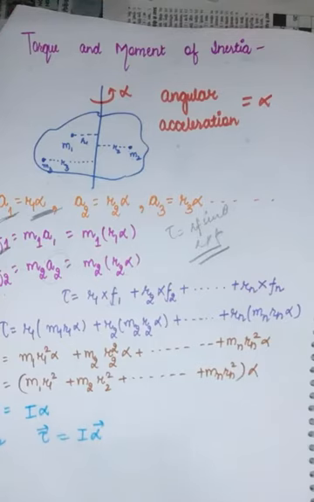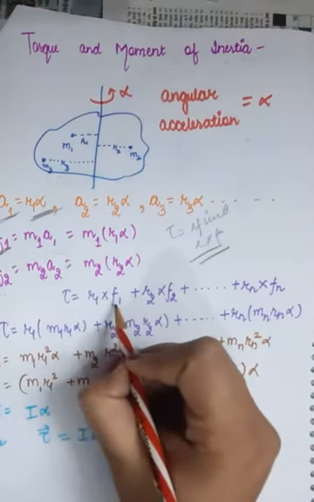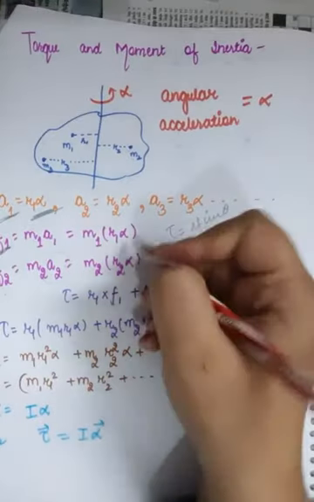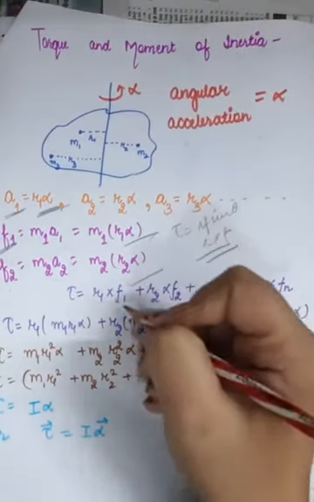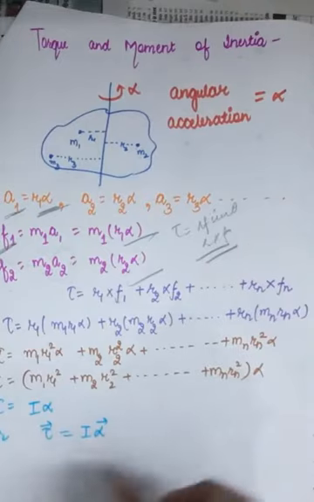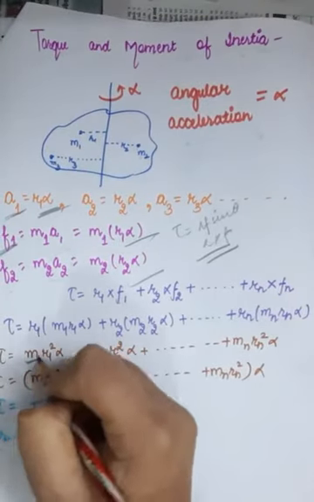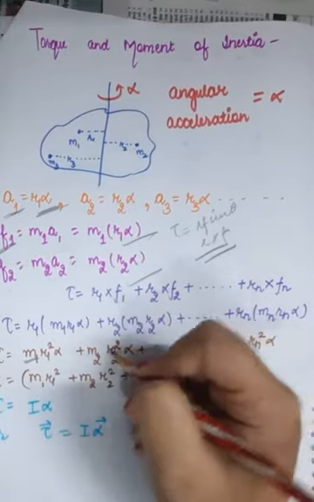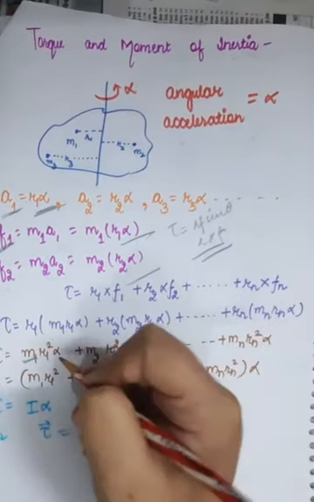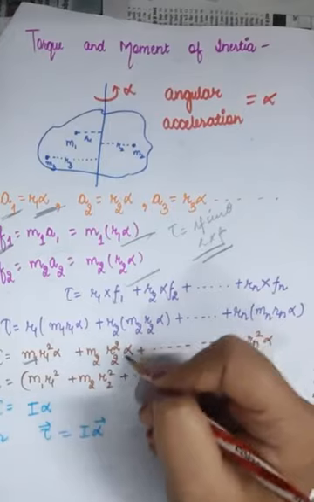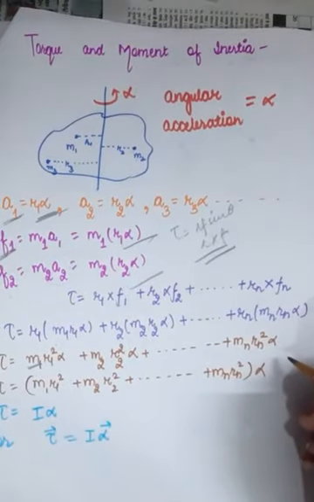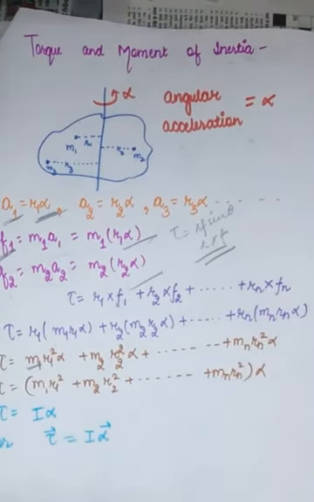Just add all of them, right? And after that, in place of F1, F2, F3, just put the values that you've calculated. Once you calculate it, you will find that m1 exists as it is. You will have r1 square, r2 square, rn square, and alpha occurs in every term.